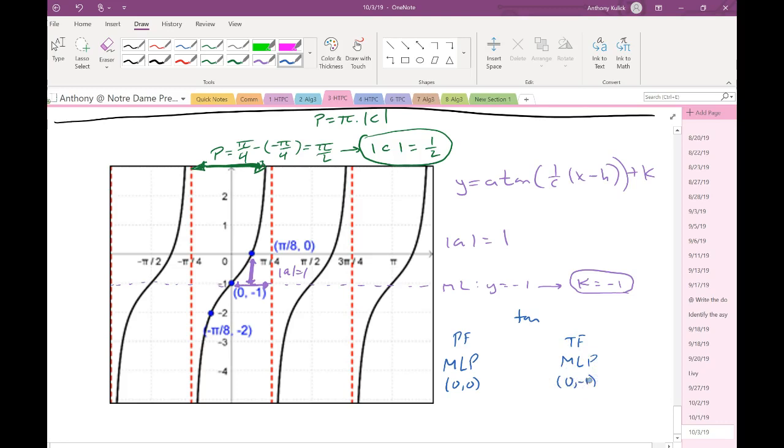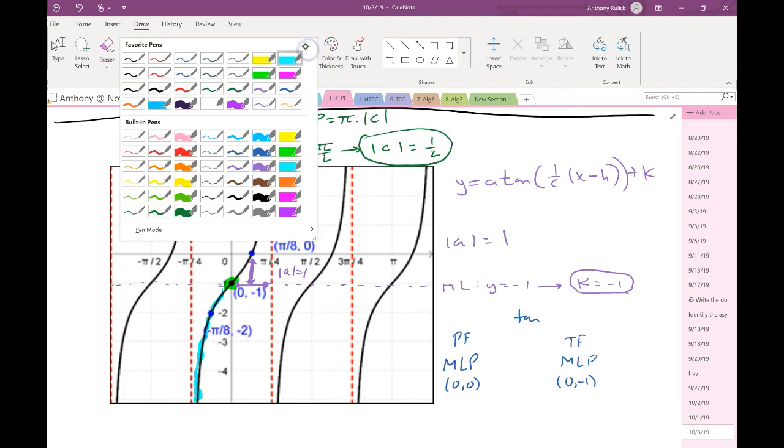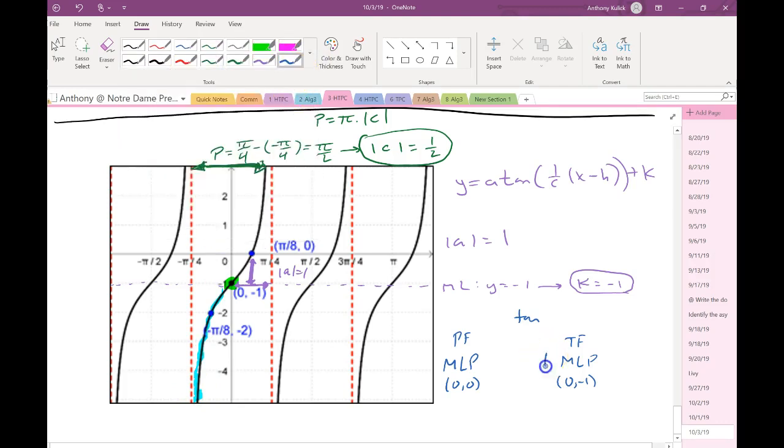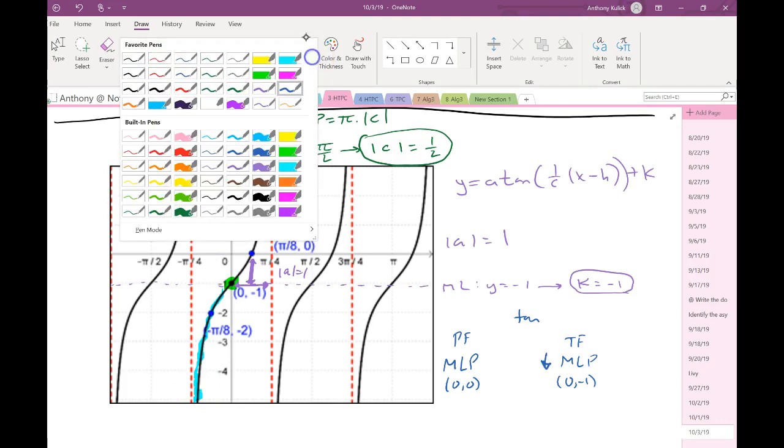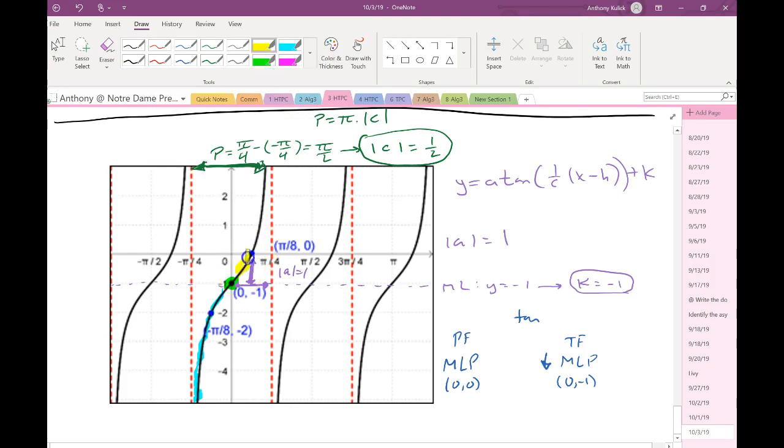But I have to be a little bit careful about my midline point here. I have to look at what's surrounding it. So if I look in my transformed function, here's my midline point. To the left of it, I have the graph pointing down. Everybody agree with that? To the right of it, I have the graph pointing up. Agree with that?